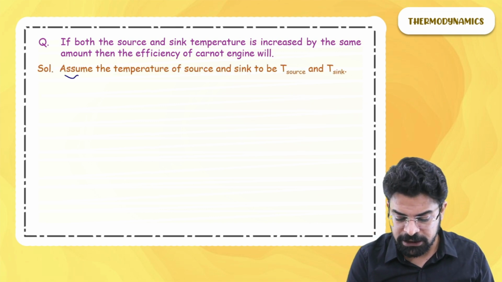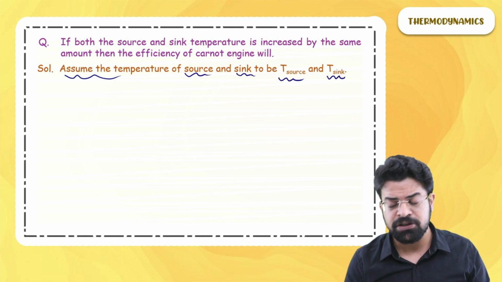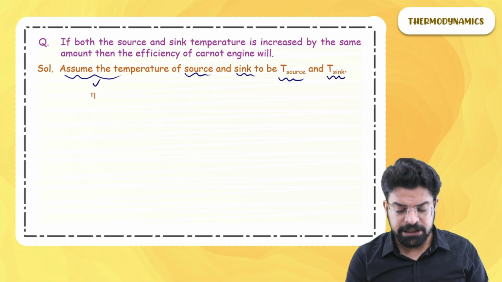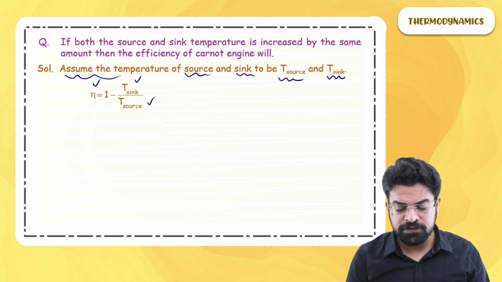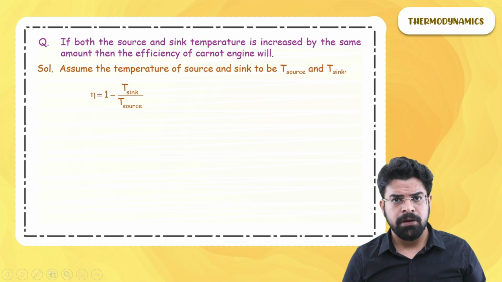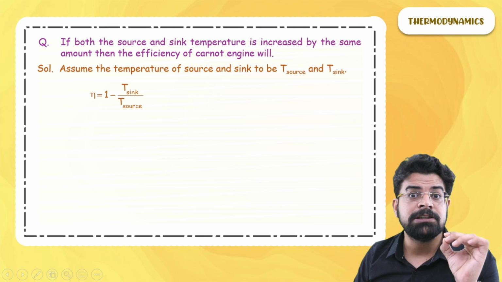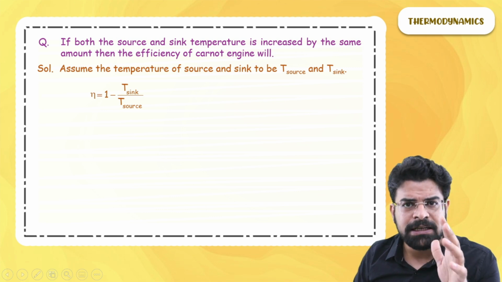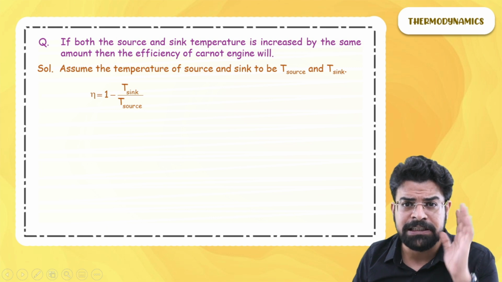So assume the temperatures of the source and the sink to be T source and T sink. The efficiency of the Carnot engine will be equal to 1 minus temperature of sink by temperature of source. As per the problem statement, both the temperatures are increased by the same amount. Let's say that the amount by which both of them are increased is T dash.